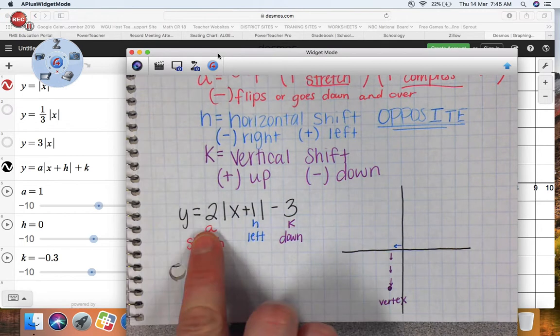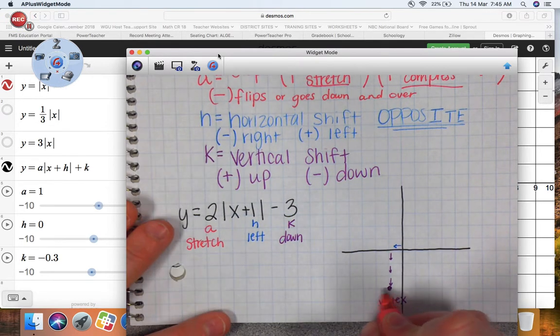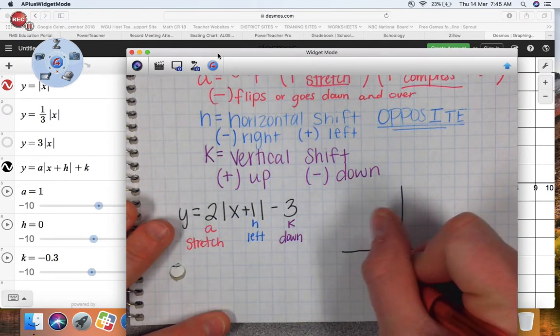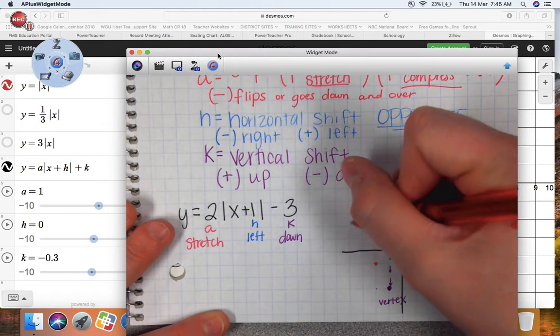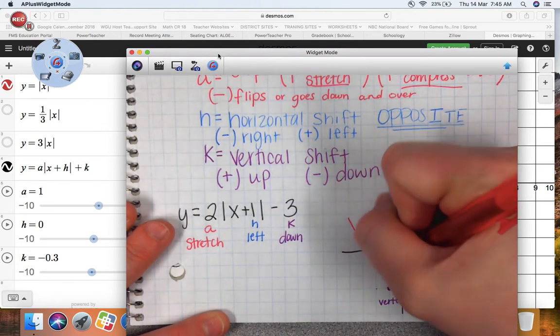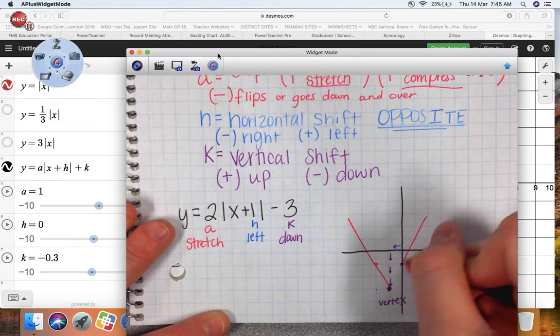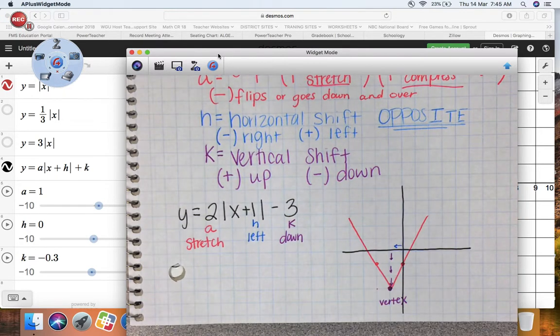And then I need to go by my slope, so I'm going to move over 1 and up 2, move over 1 and up 2. And that would be my graph. So that's what the A, the H, and the K, the transformations do.